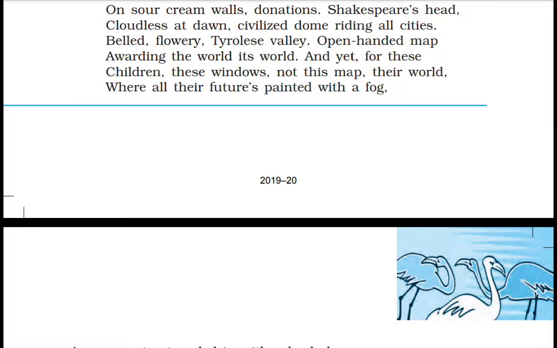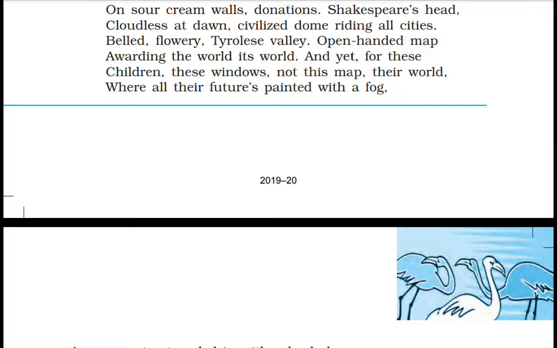On sour cream walls, donations, Shakespeare's head, cloudless at dawn, civilized dome, riding all cities. Now, in this paragraph, the poet describes the class. He gives the description of the class. In the class, the walls have been described as sour cream.